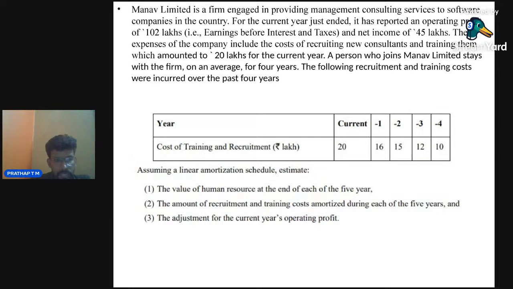So here you are considering it here. Why should we not consider it here? Because this is the second year value. So 3,75,000 for each year.